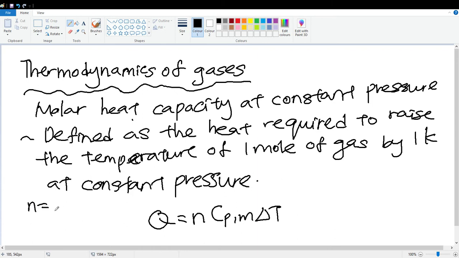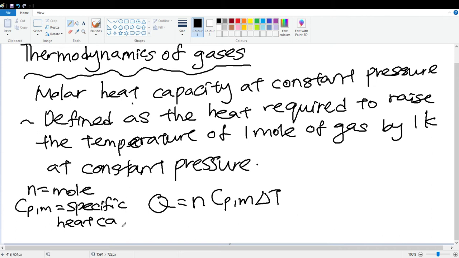C_p,m is the specific heat capacity of 1 mole of gas at constant pressure.